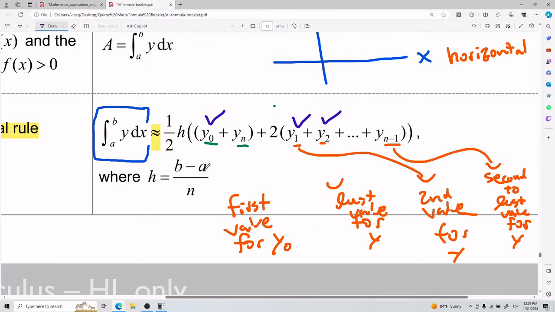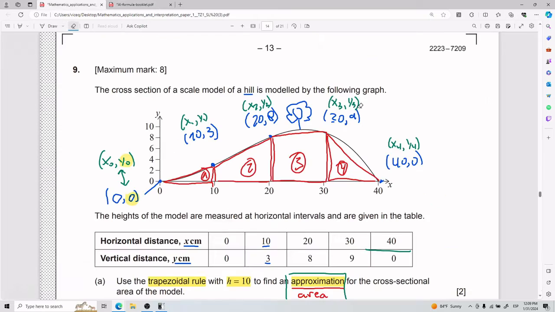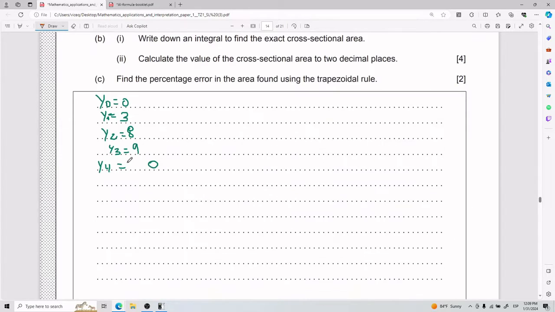What is the intuition of this n? It is the last value for your y. And in this context, the last value for your y is 0, at y4. So y4 is the same as yn, the last, and the yn for the formula is going to be 0.